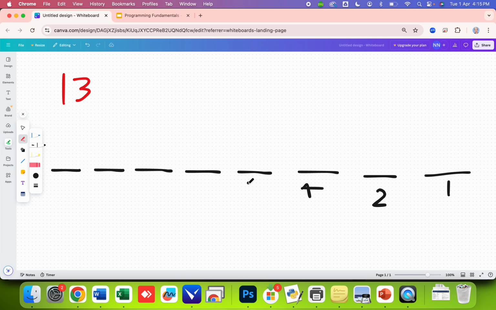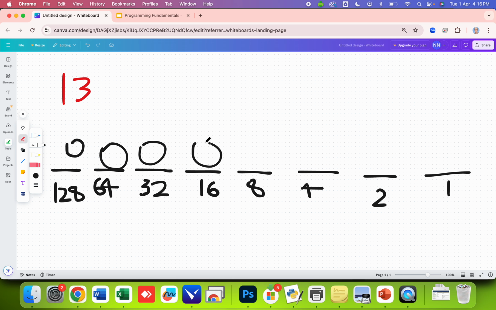This is embarrassing watching me draw this for so long, but that's okay. Now, in 2's complement, 13, because it's a positive number, is 0, 0, 0, 0, 1, 1, 0, 1. That's 12, 13.